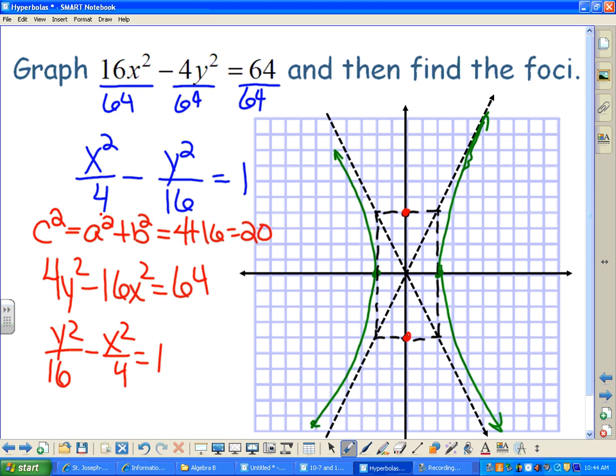Therefore, c is 2 root 5, plus or minus, right? So if we wanted to write the coordinates of our foci, the foci are on which axis, the x or the y? The x, so it's going to be plus or minus 2 root 5, comma, 0. Okay? Any questions on that?